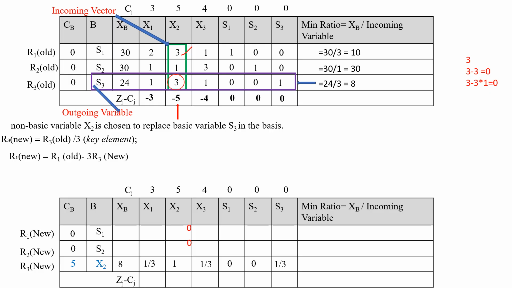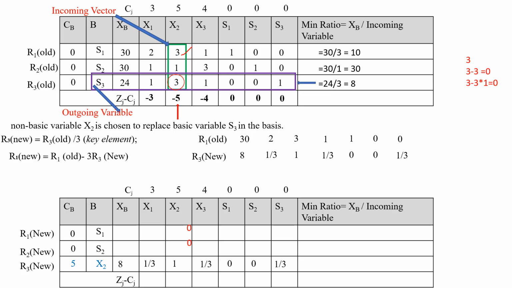So first I write down the R1 old elements, that is 30, 2, 3, 1, 1, 0, 0. Next write down the R3 new elements, that is 8, 1 by 3, 1, 1 by 3, 0, 0, 1 by 3.